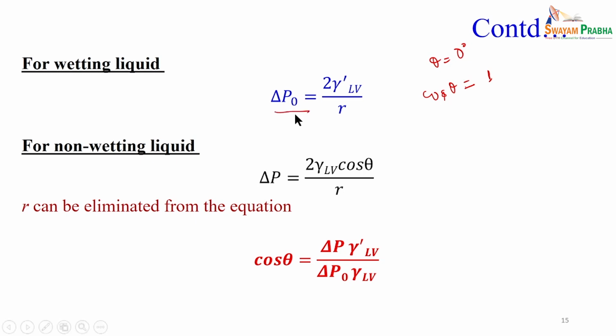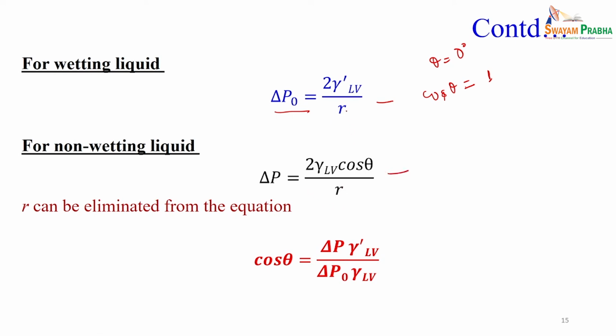So, if we pass a wetting liquid, we write delta P naught is equal to twice the liquid vapor interfacial tension of the wetting liquid divided by R, and this was the equation for the non-wetting.